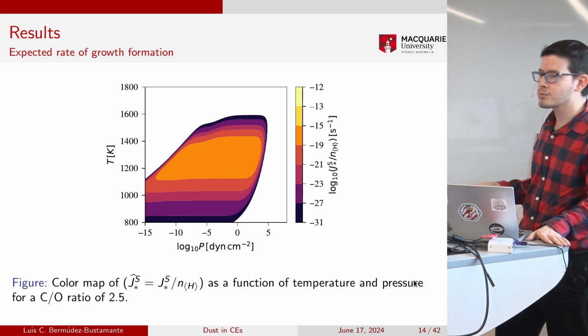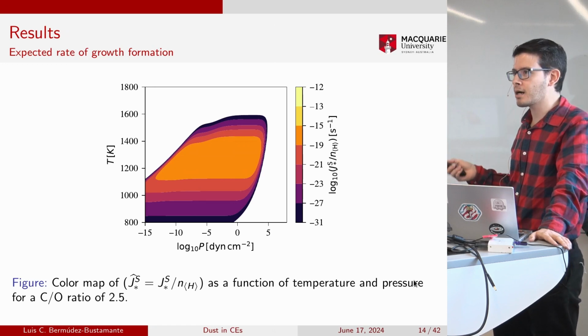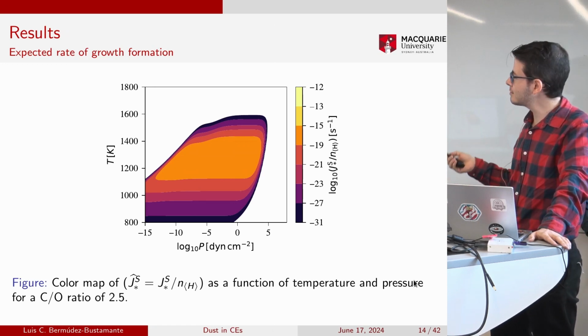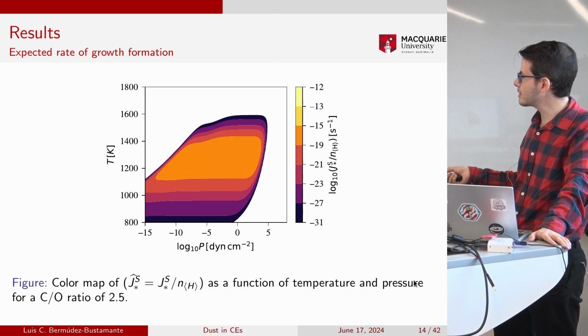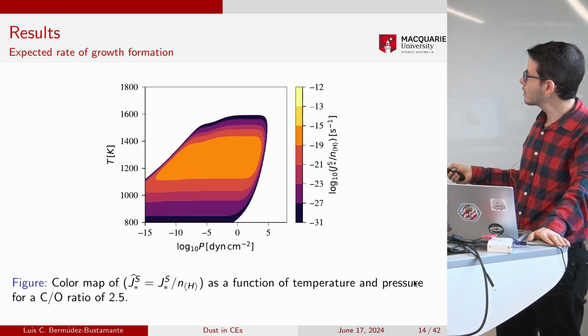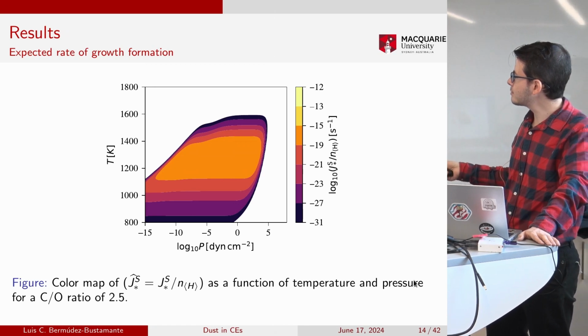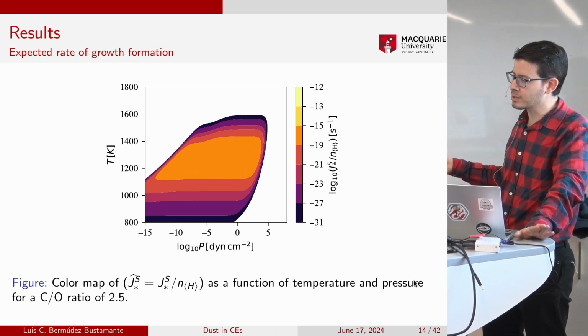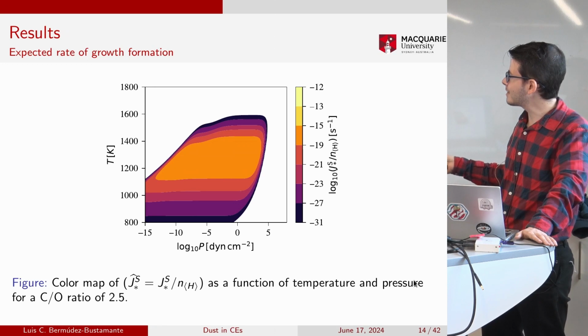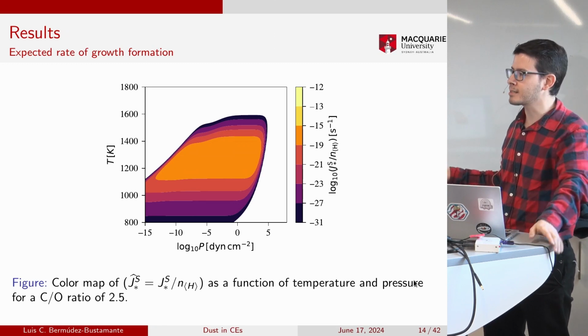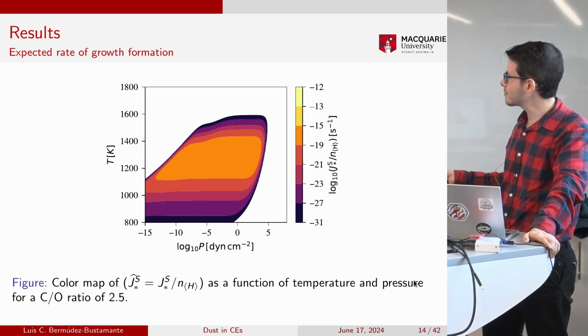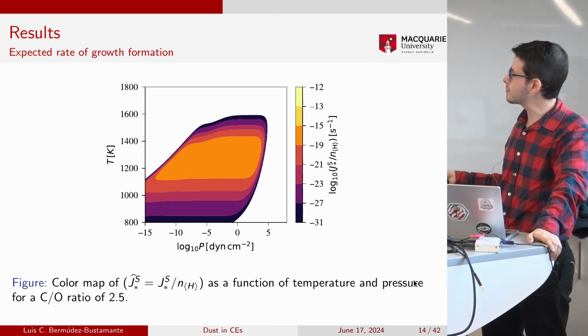I'm not going into the details of how we calculate this J value, but I can show you, for example, how the nucleation rate depends on temperature and pressure. So here, for this C/O ratio, this is the color map: lighter colors indicate a higher rate of formation, darker colors indicate a lower rate of dust formation.